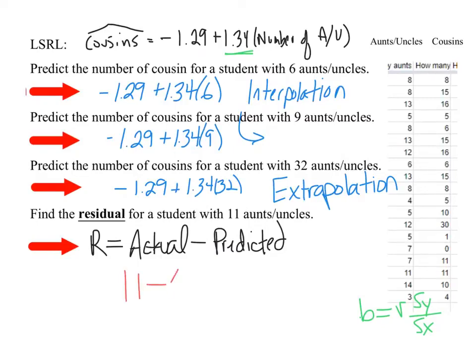So we'd say, well, negative 1.29 plus 1.34 multiplied by 11. And this comes out to be negative 2.45 if you type that in. This is our residual. This is how far away our line predicted compared to the actual number. So this, of course, is interpolation, or used for interpolation. And the fact that it's negative means, obviously, that our prediction was higher than the actual number. So we were overestimating using the line.